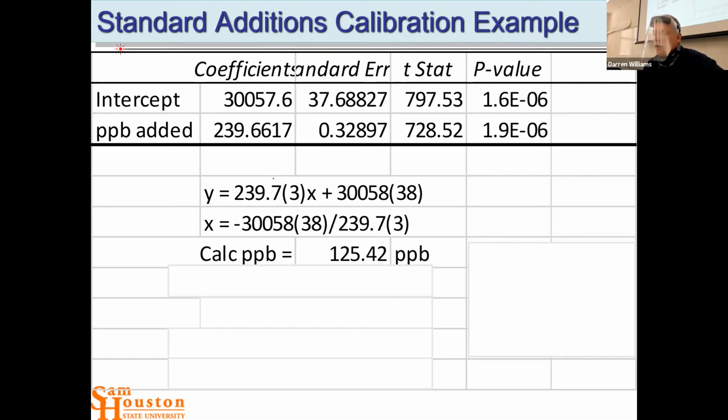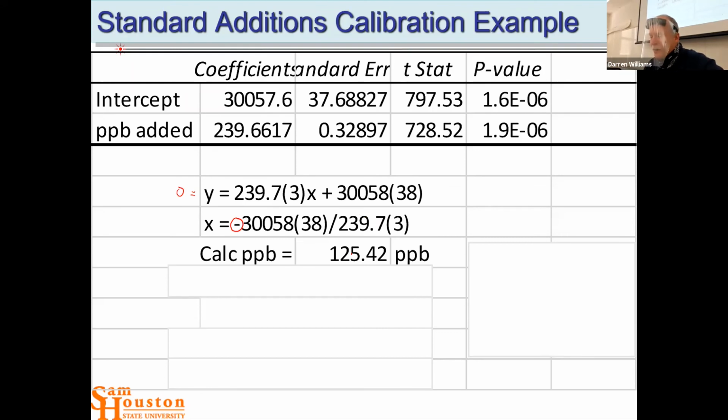And so solving for x, we set y equal to 0 and solve for x. And so it's y minus the 30,000. So don't drop that negative sign. That's your number one place where you're going to screw this up, is to miss that negative sign on B when it moves over to the other side of the equation, and then you divide by M.